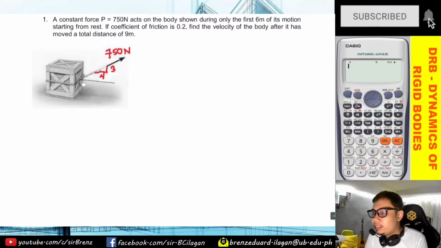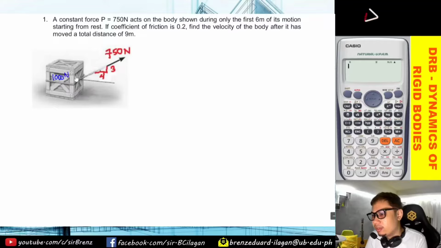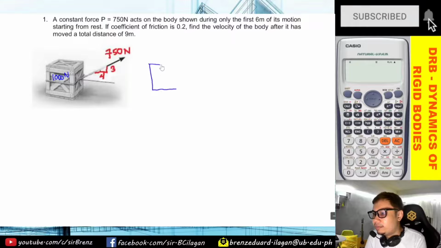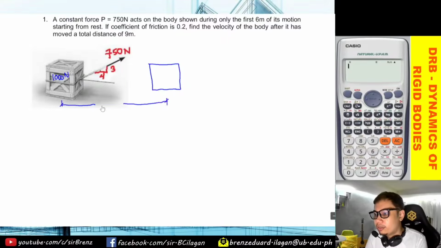Okay, so ang scenario nito, mukhang walang naibigay na weight ng block. Pero let's just say that this is 1,000 Newton. Okay, so during the first 6 meters, ayan, naka-applied kasi yung ating 750 Newton. So, for this problem, hatiin natin siya into 2 scenario.